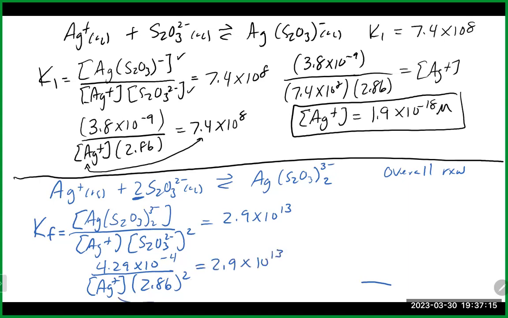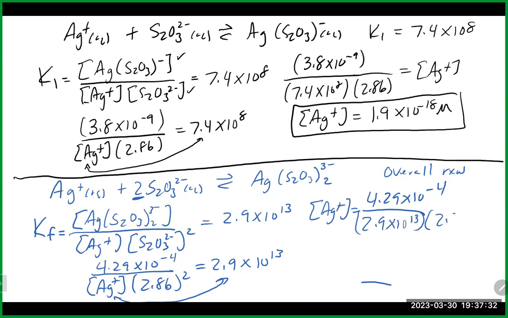Once again, these switch places. That gives a silver concentration of 4.29 times 10 to the minus 4 divided by 2.9 times 10 to the 13 times 2.86 squared.